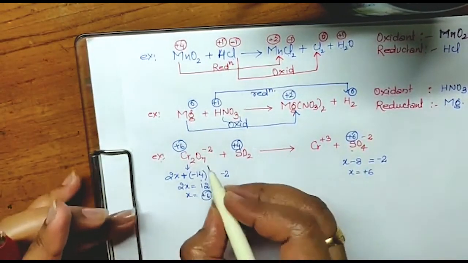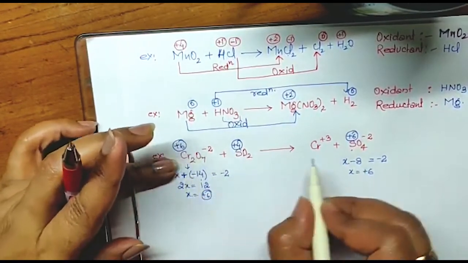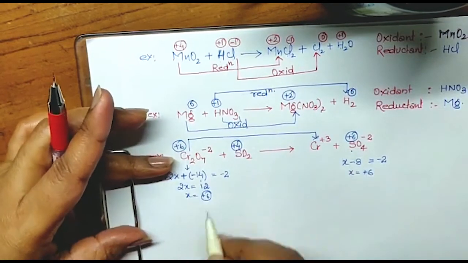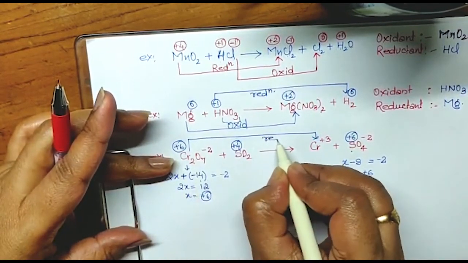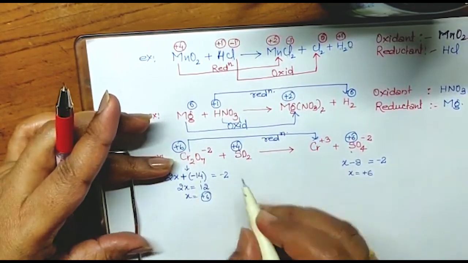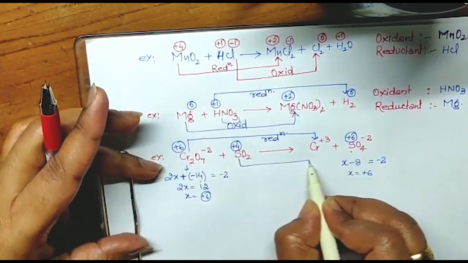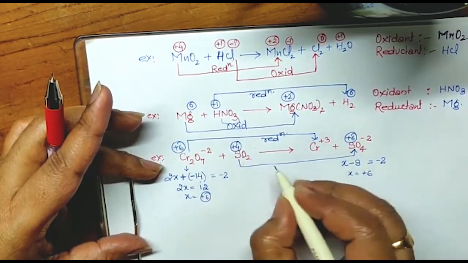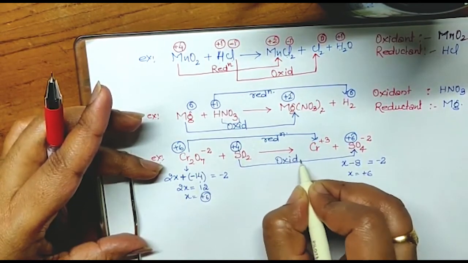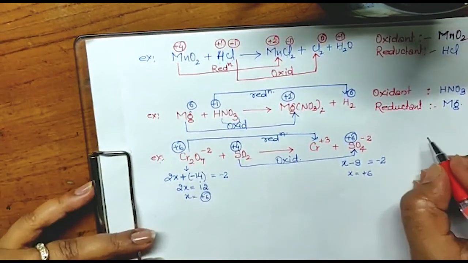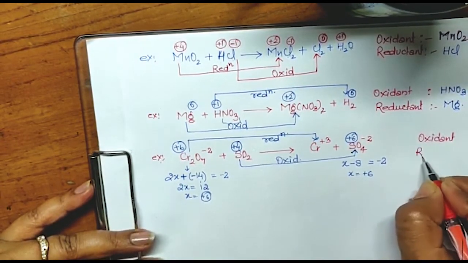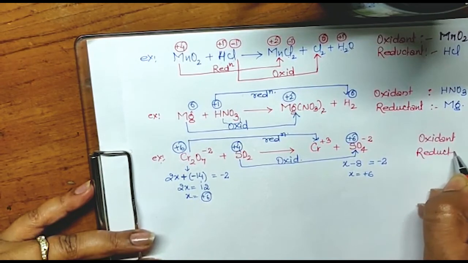So next find, now chromium to chromium. Plus 6 to plus 3. What is happening here? Charge is decreasing. So this is called reduction, isn't it? And here sulfur to sulfur. What is happening? Plus 4 to plus 6. Charge is increasing. Oxidation. Yes? So if I'll ask oxidant in this case and reductant in this case, what will be the answer?